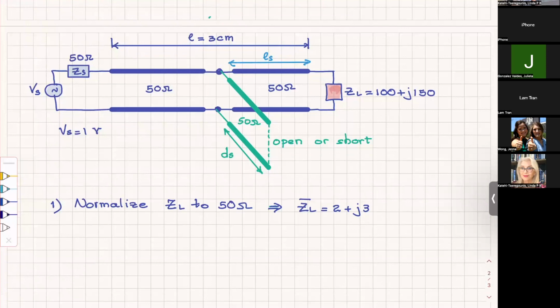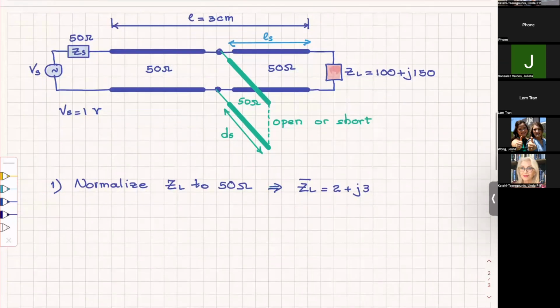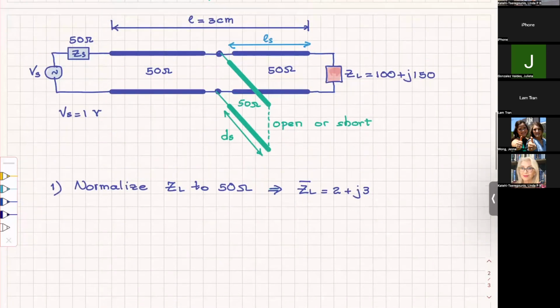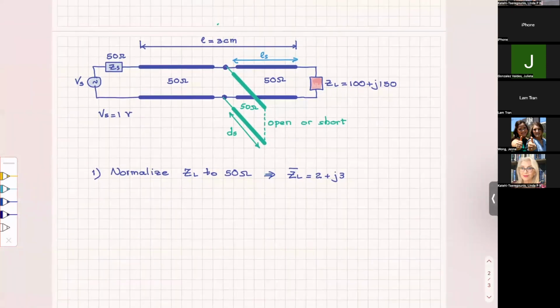All right. Now, how are we going to do this? First of all, since we have a shunt stub, always, if we have a shunt stub, we work with admittances. If we have a series stub, we work with impedances. So here we have number 2.